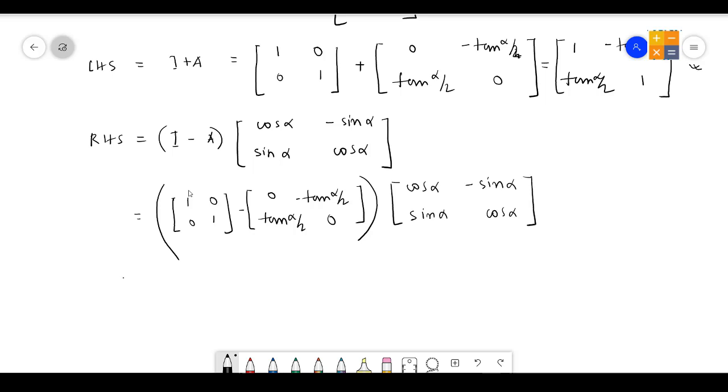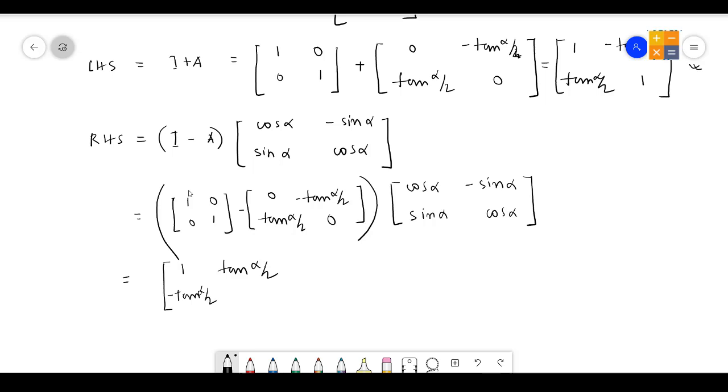So coming to the next step, in this bracketed part the simplified result will be 1 minus 0 will be 1. Then 0 minus minus tan alpha by 2 will be positive tan alpha by 2. Then for the second row it is minus tan alpha by 2.